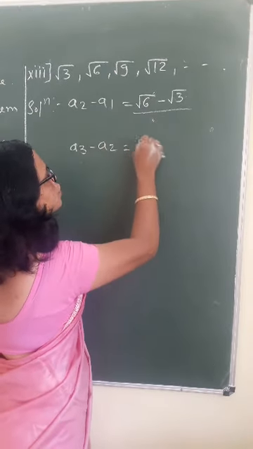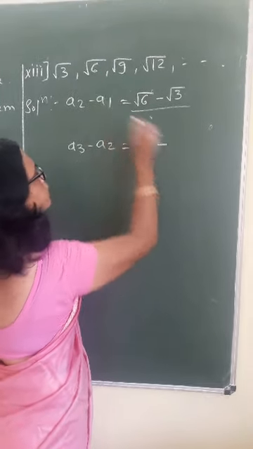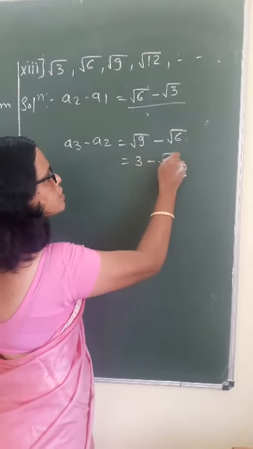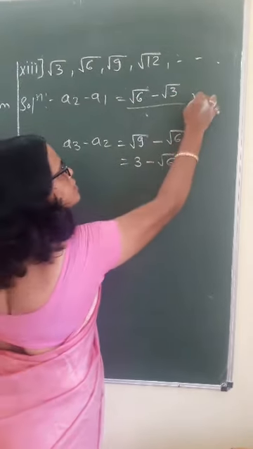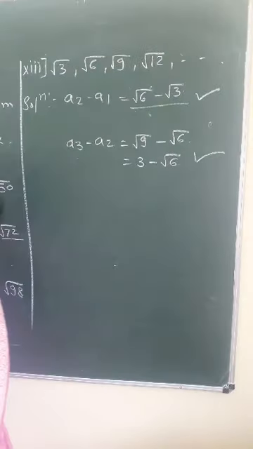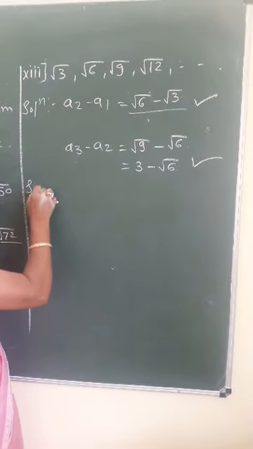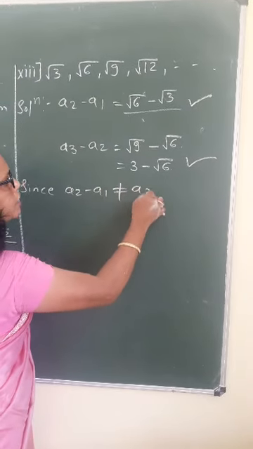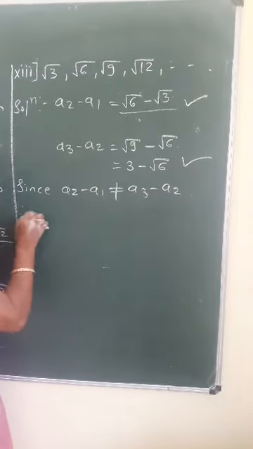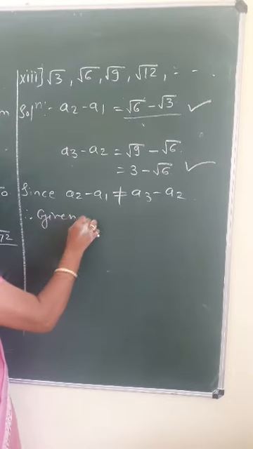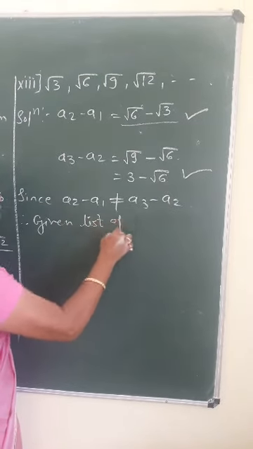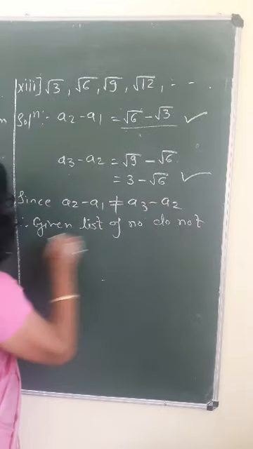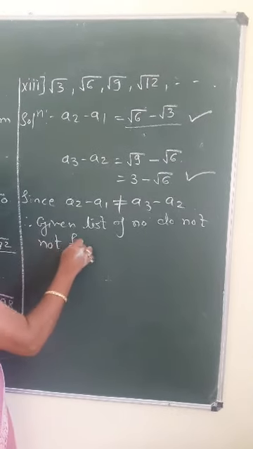A3, the third term, is root 9 and the second term is root 6. Root 9 means 3 minus root 6. Are you finding this term and this term the same? No. We will say since A2 minus A1 is not equal to A3 minus A2, therefore the given list of numbers do not form an AP.